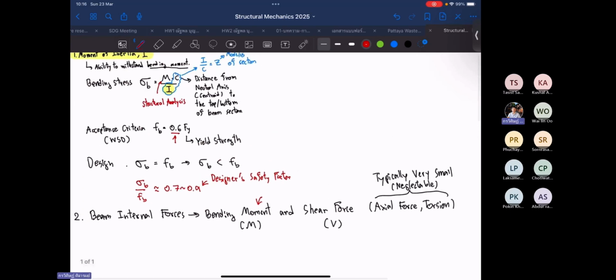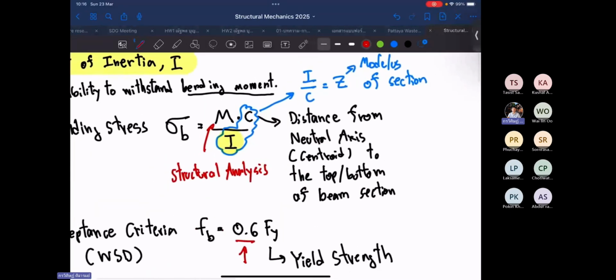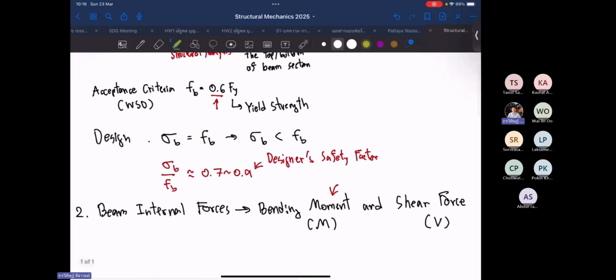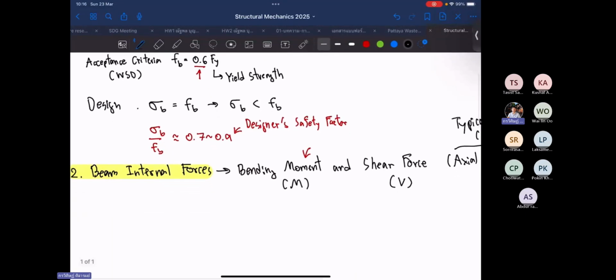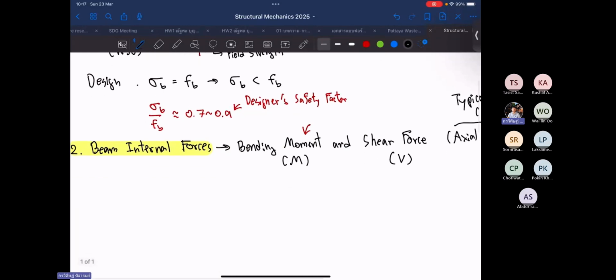If this one passes, the shear force typically automatically passes. Okay, then you can get the bending moment to put into this formula to design a beam. So in this beam internal force, as the beam is not a point, it is a line, the possibility that the moment and the shear force will not be equal throughout the beam span is very high.